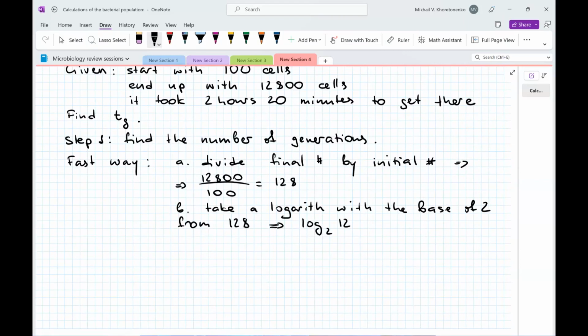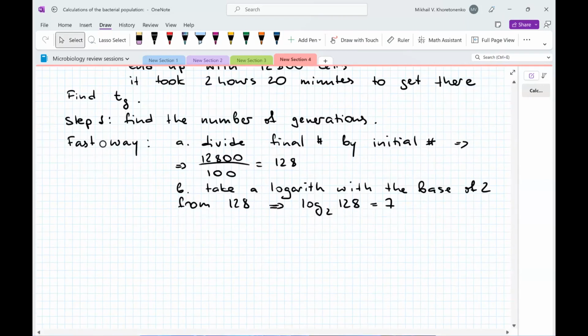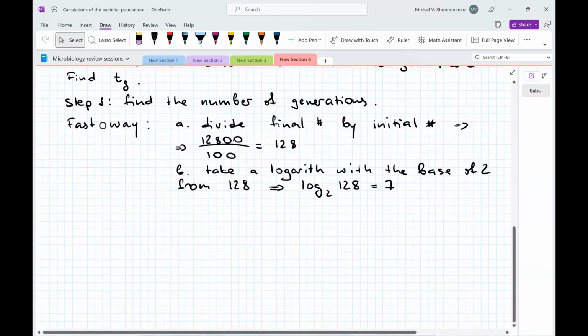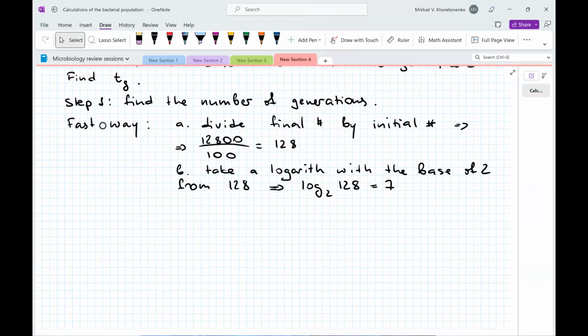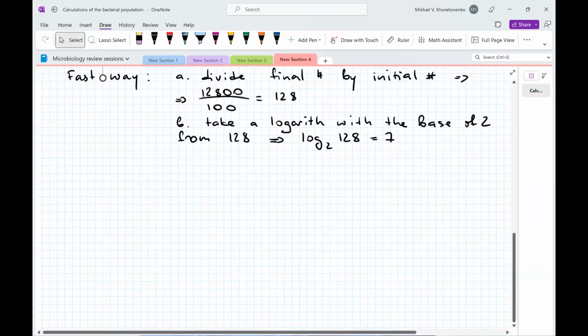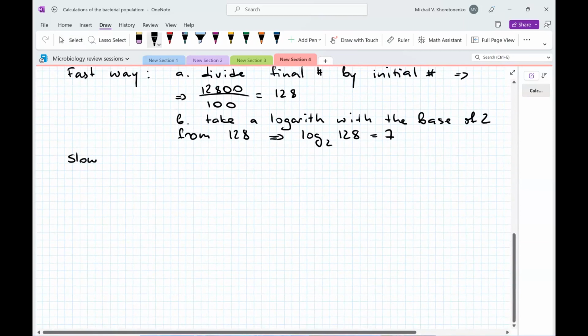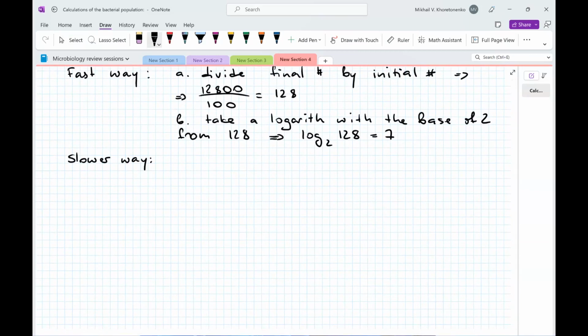Don't worry, you can do it on your calculator. If you feel shaky and uncomfortable about logarithms, then you have the slower way. Divide 12,800 sequentially by 2.